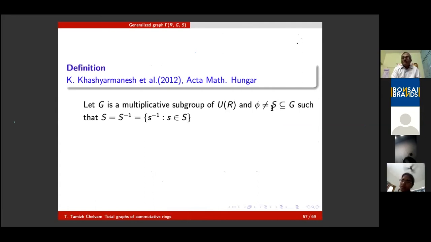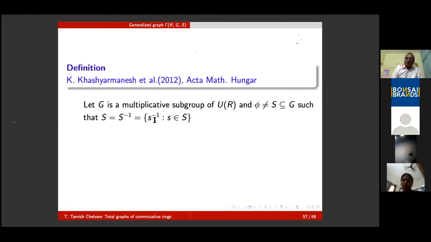Let me take a subset S of G which is symmetric with respect to multiplication. Please note: R, the multiplicative group U(R), its subgroup G, and a subset S of G which is symmetric. Symmetric means S is equal to S inverse, which is nothing but inverses are also there.